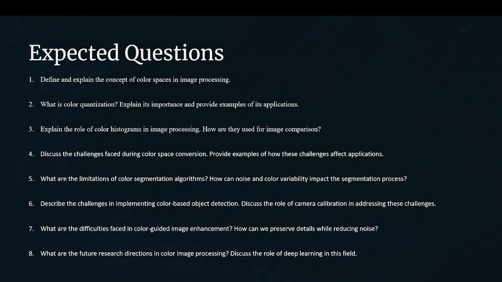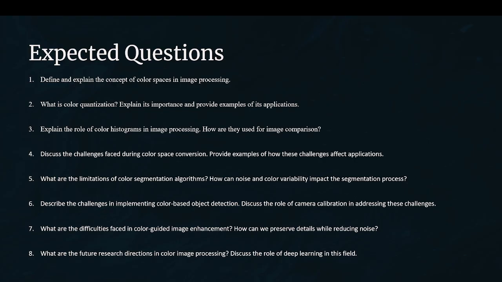The next is: discuss the challenges faced during color space conversion. Provide examples of how these challenges affect applications. For this, the expected answer is you have to explain the accuracy, computational cost, and subjective issues.